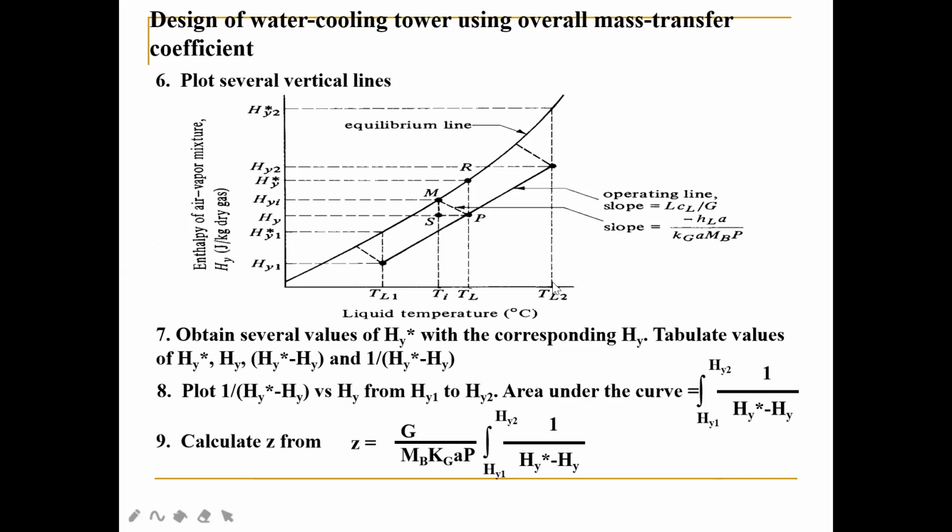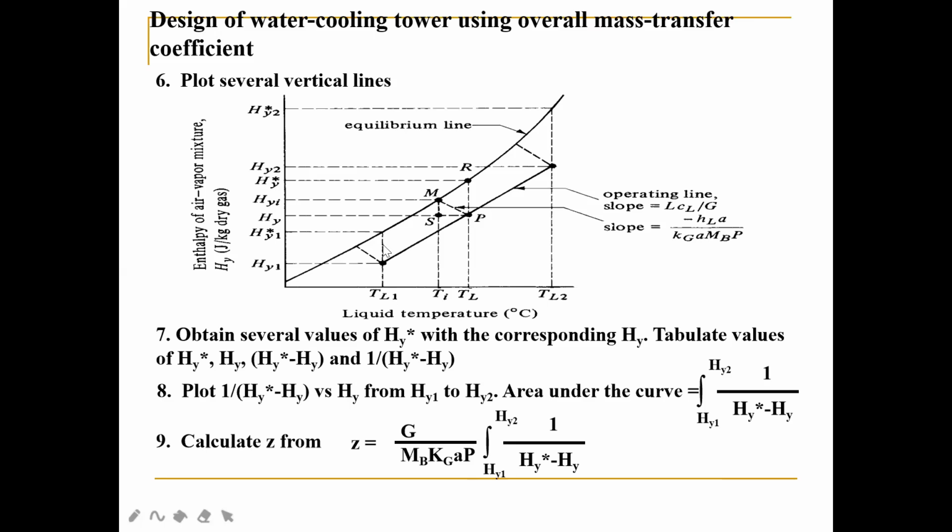For example, start with TL2, you go straight to the equilibrium line, and then you go to the left to read the HY2 star, which is the equilibrium enthalpy. You can take several points on the x-axis for TL, and finally finish at TL1, where you go to the equilibrium line and read off the HY star.